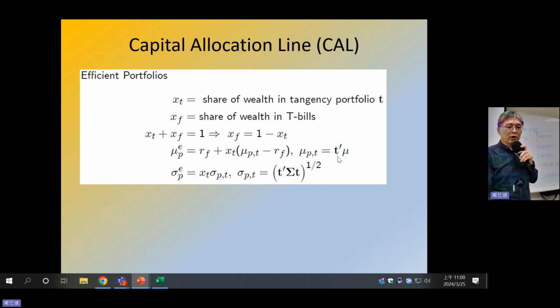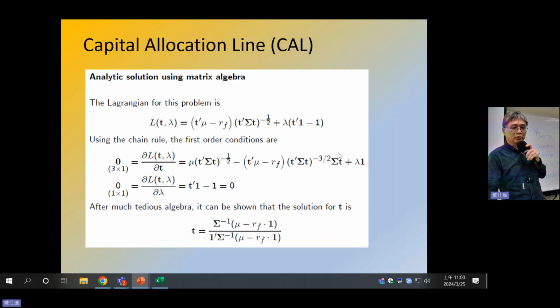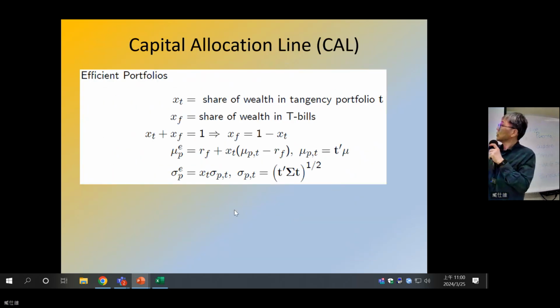Expected return is to just plug into the equation here: T transpose multiplied by mu, and the standard deviation will be this formula. You can just plug in this formula and you'll get the result.